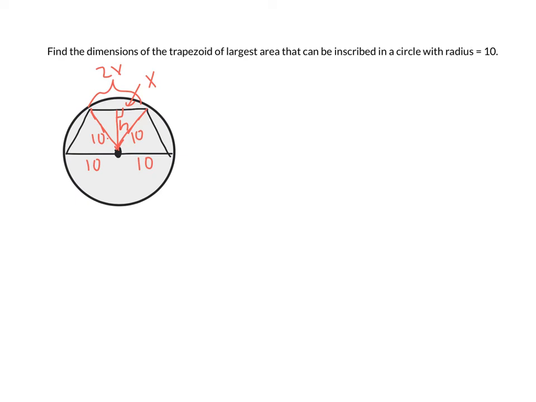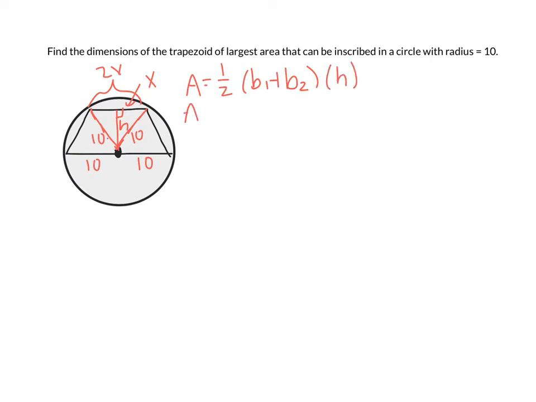I'm going to try to keep that as neat as possible. But then you have two little right triangles in there that can help you to determine the area. So you want to maximize the area of the trapezoid. Your expression for the area of a trapezoid is the average of the bases, or 1/2 (base 1 plus base 2) times the height.